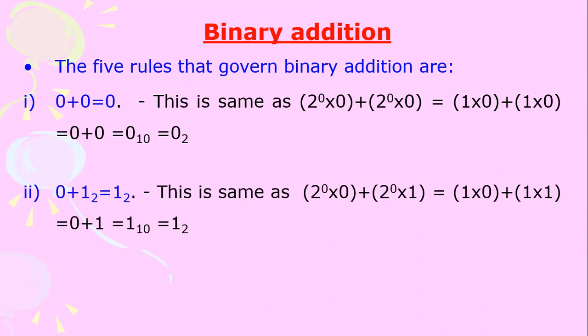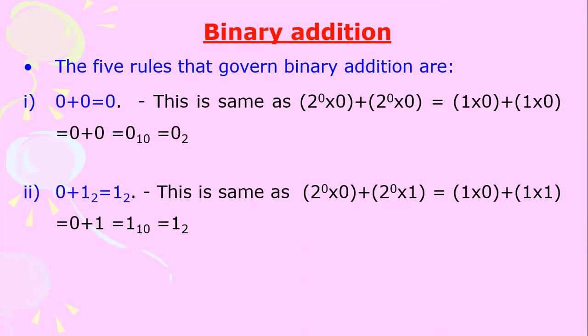The second rule, if you add 0 plus 1 in binary, we get 1. So 0 plus 1 equals to 1.